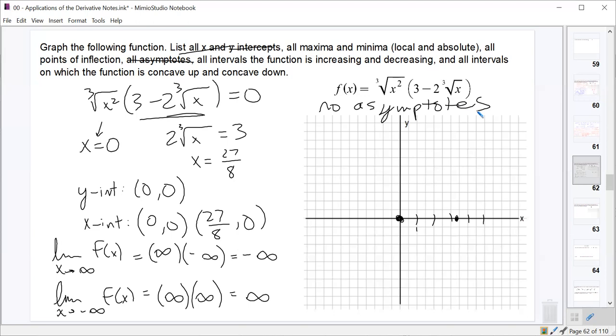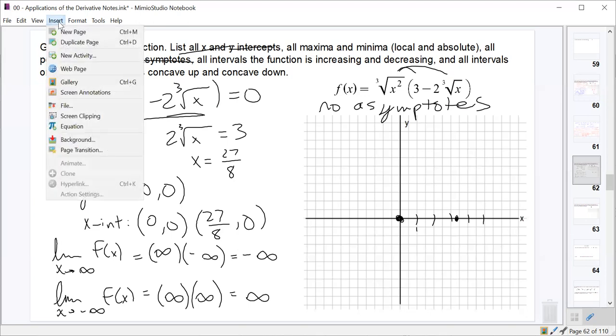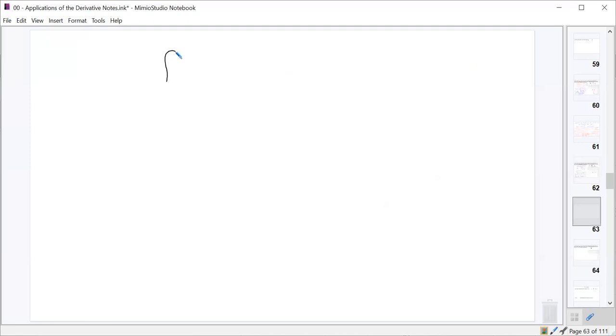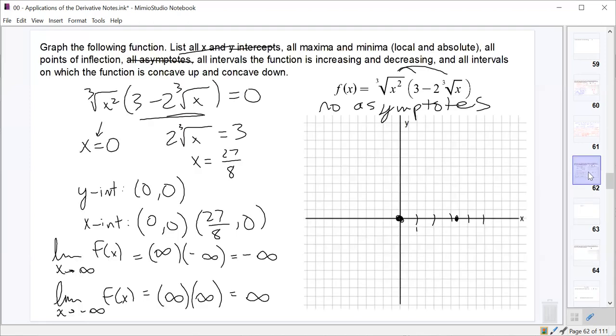So in the form that our function is currently, to find the derivative, we'd have to use the product rule. But if I wanted to make that a bit easier, I could just distribute this through, and then I won't have to use the product rule. So f of x is also equivalent to the cube root of x squared times 3.